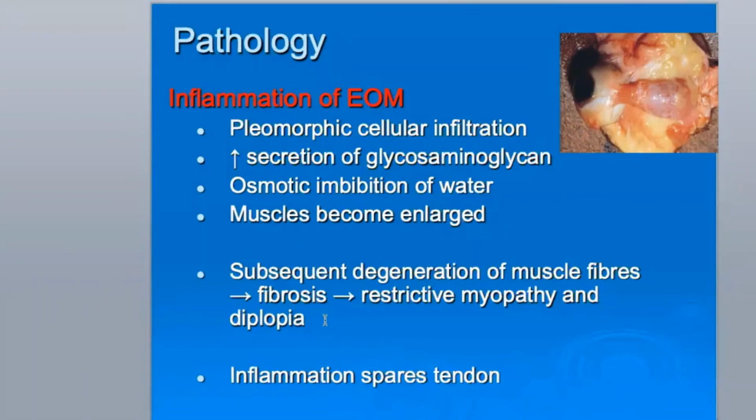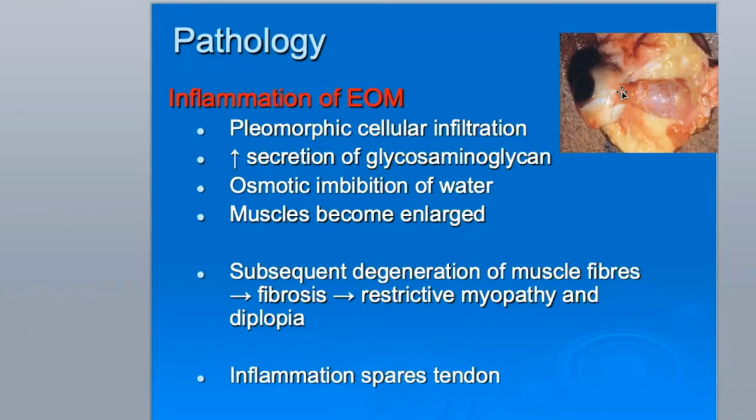So remember, whenever you have a muscle, you always have a tendon. There's a special thing about thyroid eye disease, whereby the inflammation occurs throughout the muscle, but not the tendon. That is the important feature that you look for when you do a CT scan on the patient. Remember, when a patient has proptosis, you have to do a CT scan, because you have to rule out whether the patient has a tumor behind the eye.